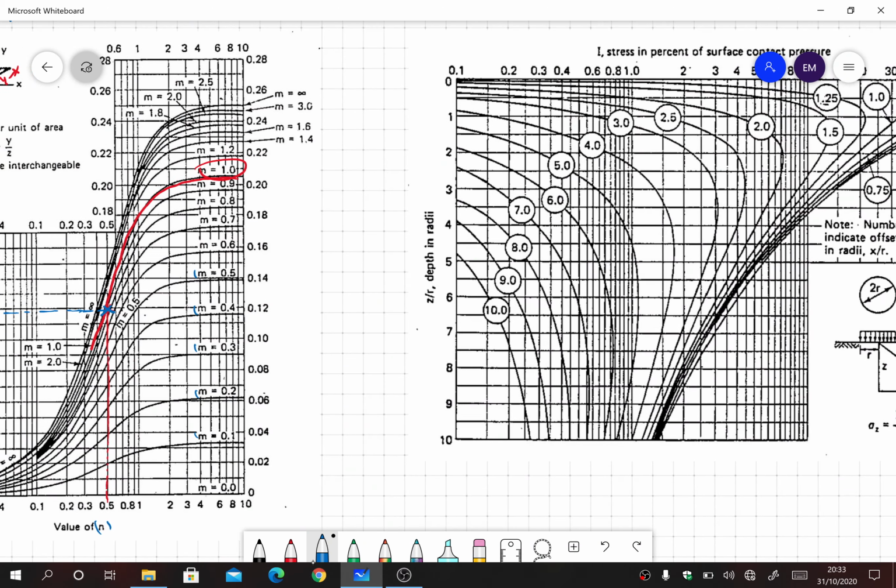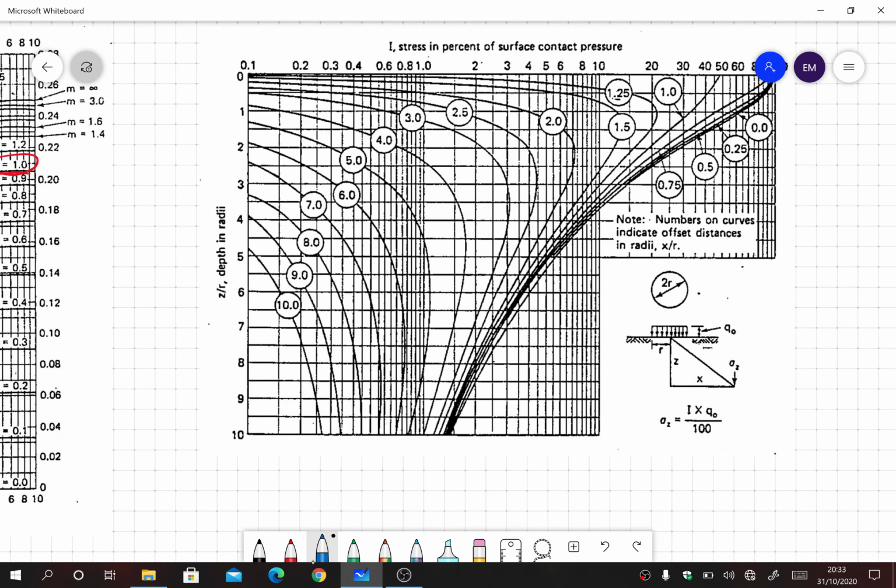So the next chart here is for the circular footing. You see here the formula is a little different, but the idea is the same. The UDL is explained by the value q naught. Because it is a circular footing, half of the diameter is called the radius, indicated as r.